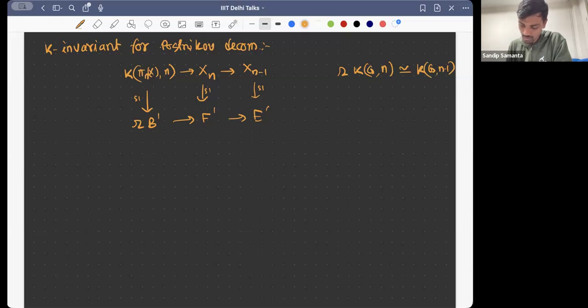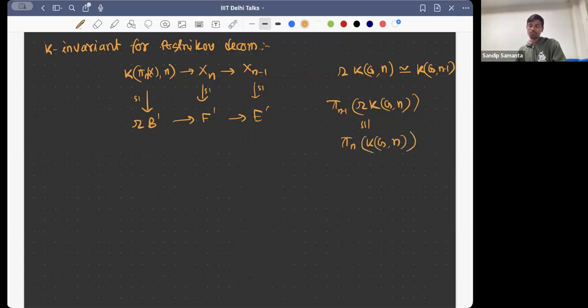What is the homotopy group of this? If I have pi n minus 1 of omega K(G,n), then using the adjoint isomorphism, this is the same as pi n of K(G,n), as pi k of omega X is pi k plus 1 of X. So using that, omega K(G,n) is homotopy equivalent to K(G, n minus 1).